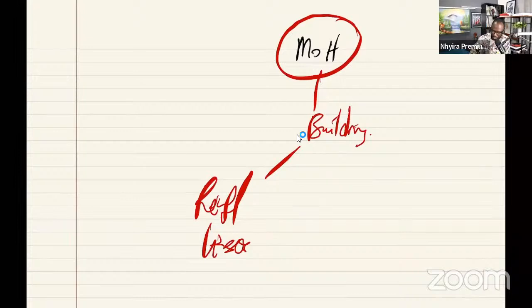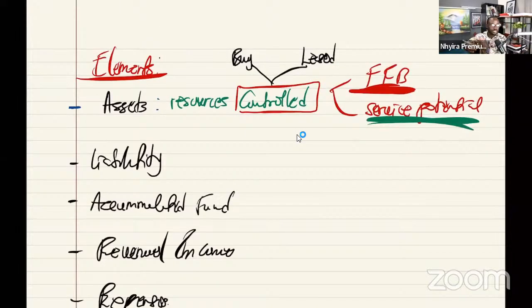But if the Ministry of Health is not leasing or renting out the building to someone else, but they are using the building in their day-to-day running, then that will be referred to as service potential. Are you getting the idea? So there are certain assets that money will come from the asset directly, whilst there are certain assets you don't get direct money from, but you use the asset in your day-to-day running. So the asset now is service potential. If the Ministry of Health is using the asset, then they can recognize it in their books.